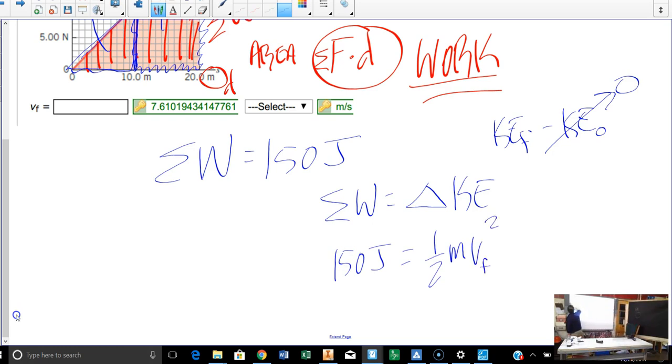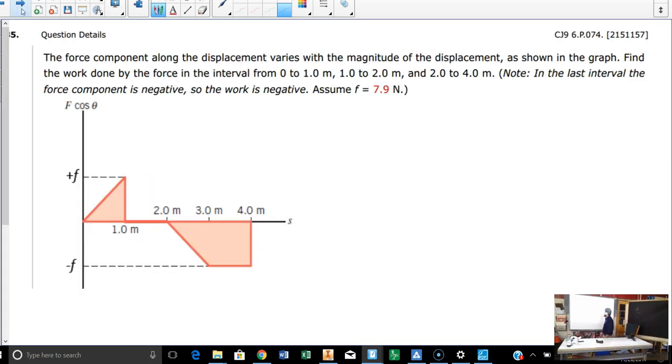Now, work, as we know, can be negative. So be careful about that. Here, the net work done would be positive. It would result in an increase in the kinetic energy of the object. But here, the net work is negative, which means that would be a decrease. This could be like friction or some other type of force pushing against it as it moves in the opposite direction of the force.